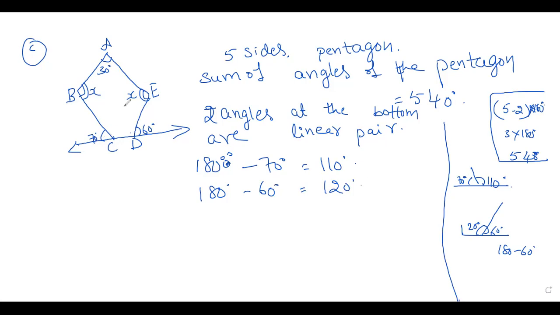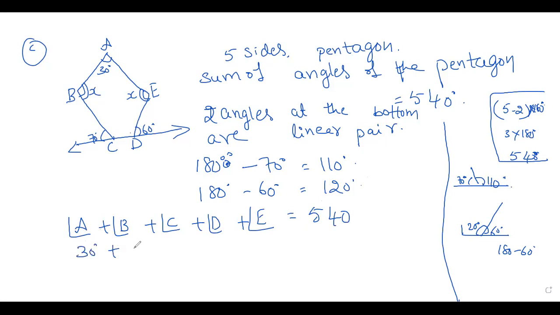Now you know three angles and you have to find out x here, and they are telling both are equal. So we can write angle A plus angle B plus C, D, E. How many angles? 1, 2, 3, 4, 5, right? Five angles, that is equal to 540. So what is A here? It is 30 degree. What is B?